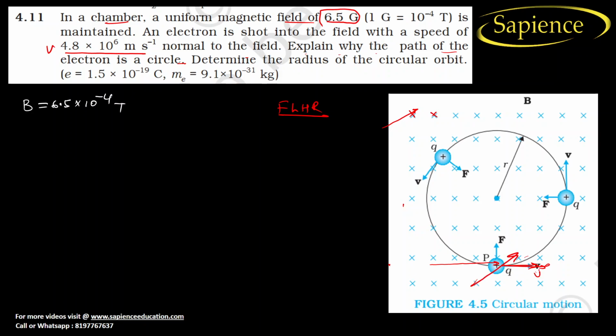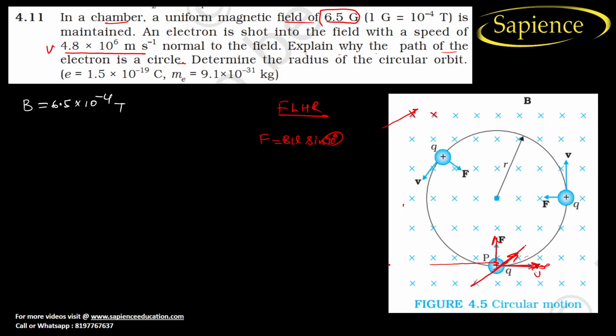Moving electron means it has a current. So current is there, magnetic field is there. So F is equal to BIL sine 90 degree. So definitely force will be there. Since theta is 90 degrees, force will act in this direction.